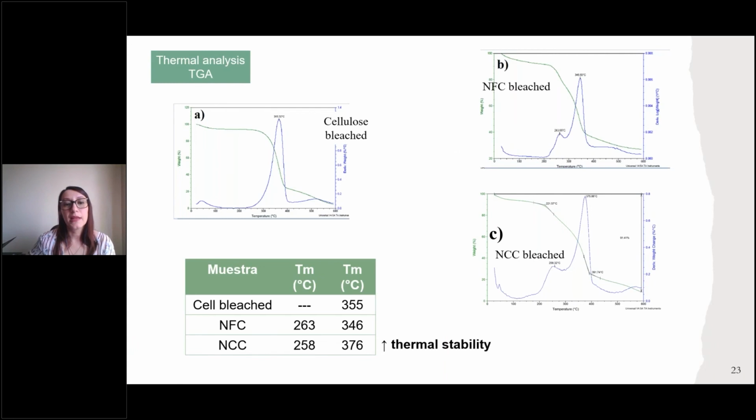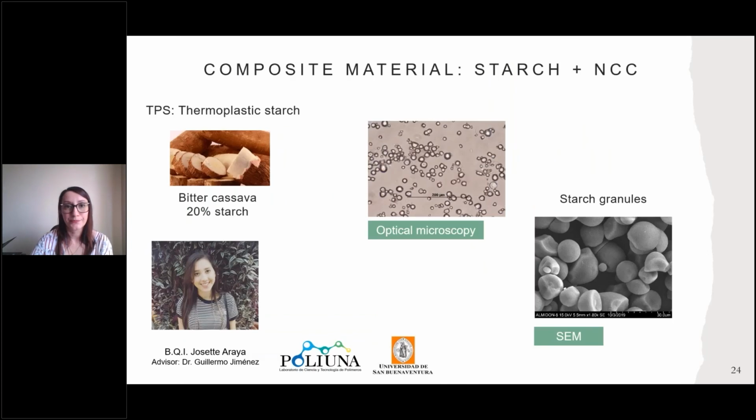From the thermal analysis, as expected, the thermal stability increases by extracting the NCC. It goes from 355 to 376. That is expected because you keep the crystalline parts and eliminate the amorphous parts.